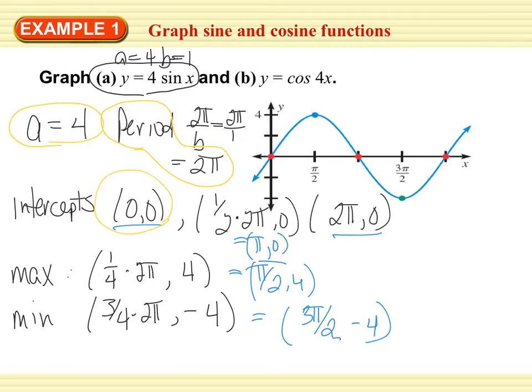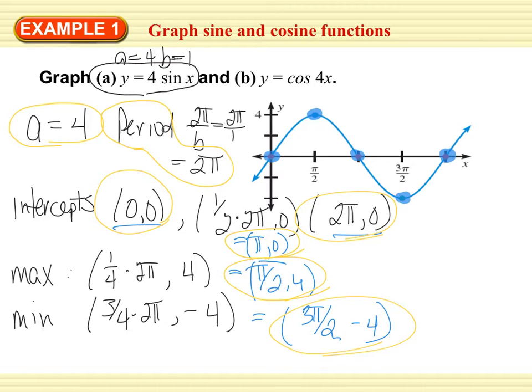So I have beginning, middle, end, and 1/4 of the way through and 3/4 of the way through. These all translate up here to beginning, middle, end, 1/4 of the way through, and 3/4 of the way through. And we have enough points to graph it.